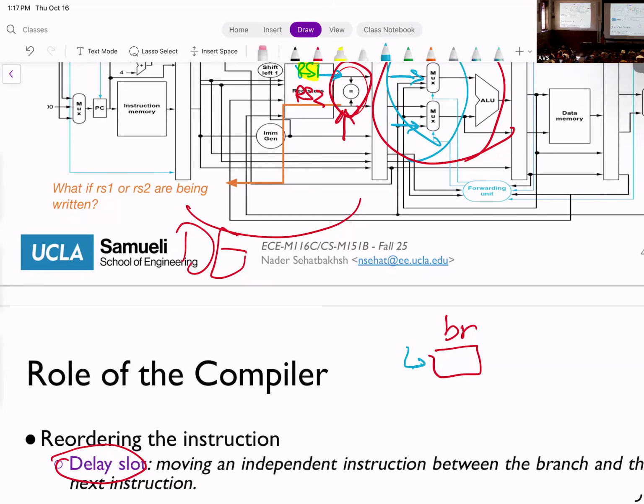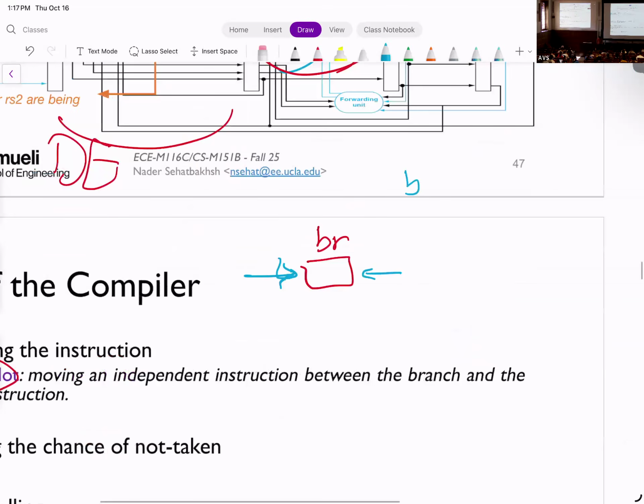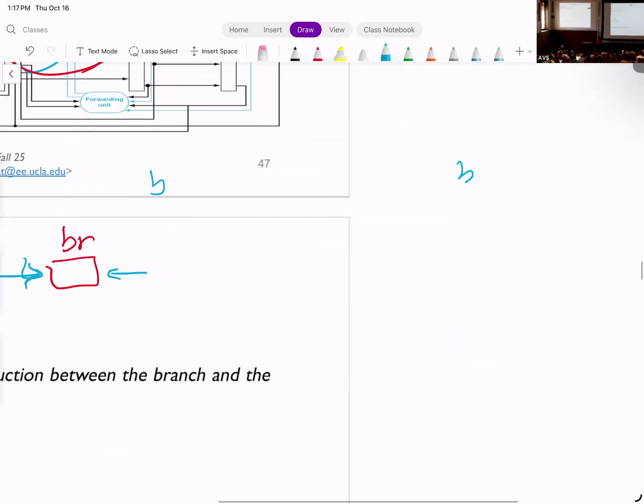This is basically called a delay slot. This is a slot that you're probably not going to get anything useful out of, right? So what the compiler can do is, let's say I have a sequence of instructions that looks like this, and my branch jumps to here, and then afterwards these two converge, okay?